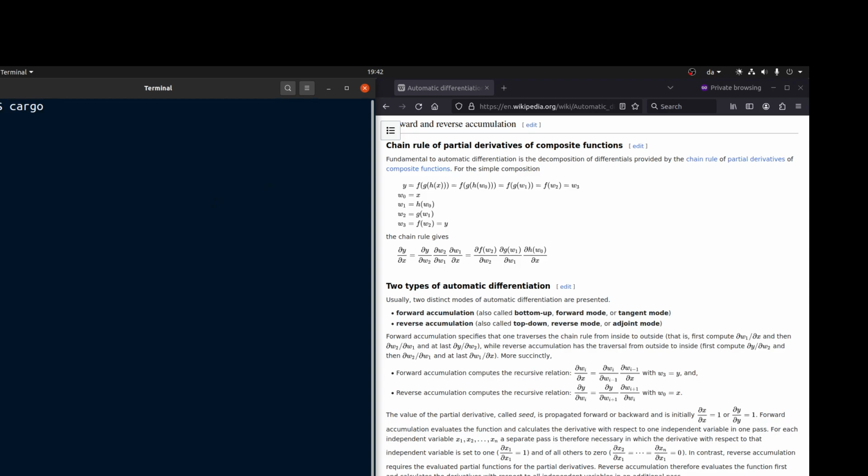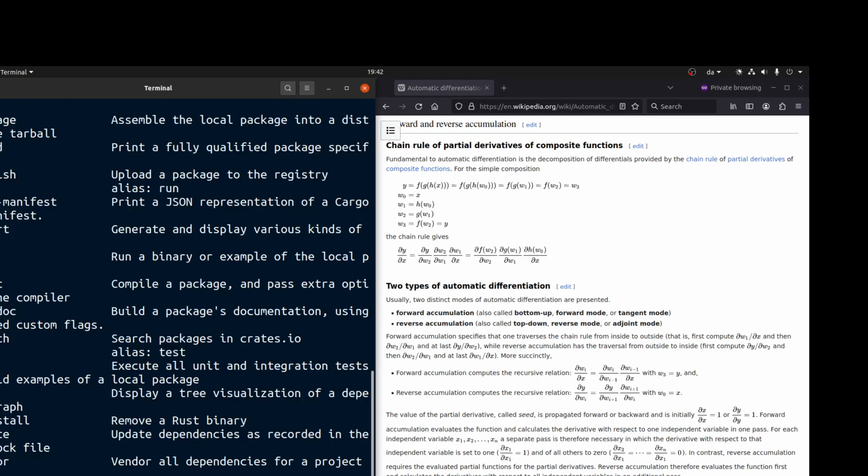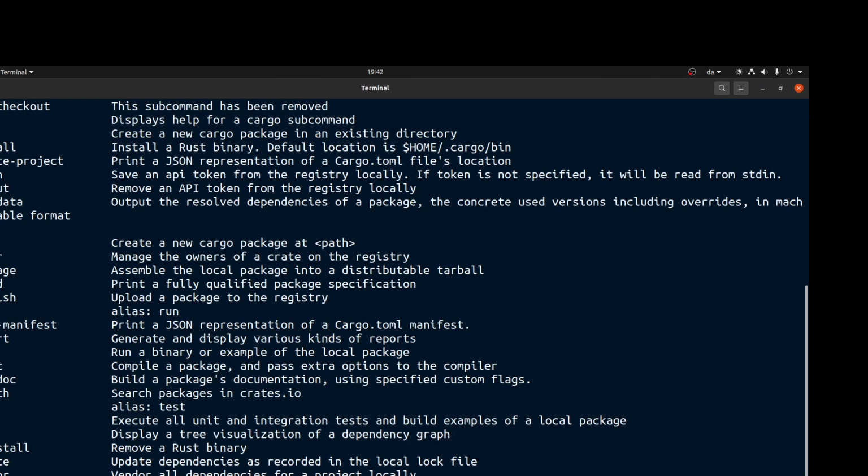So let's make a new folder, and let's make that a workspace. So I think you would do like this. Okay, whatever.